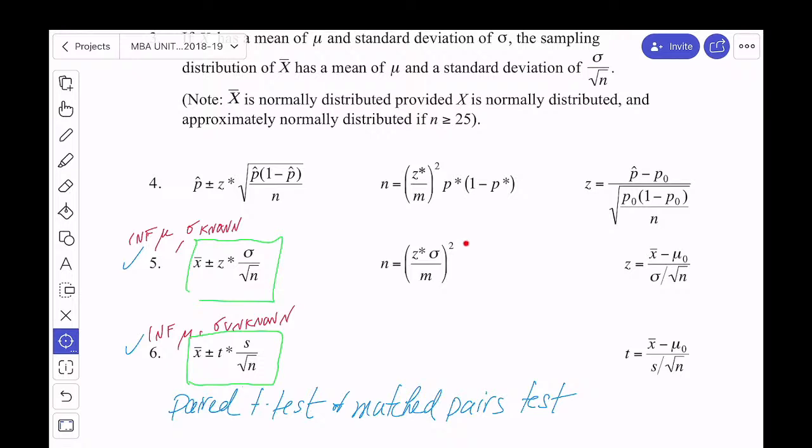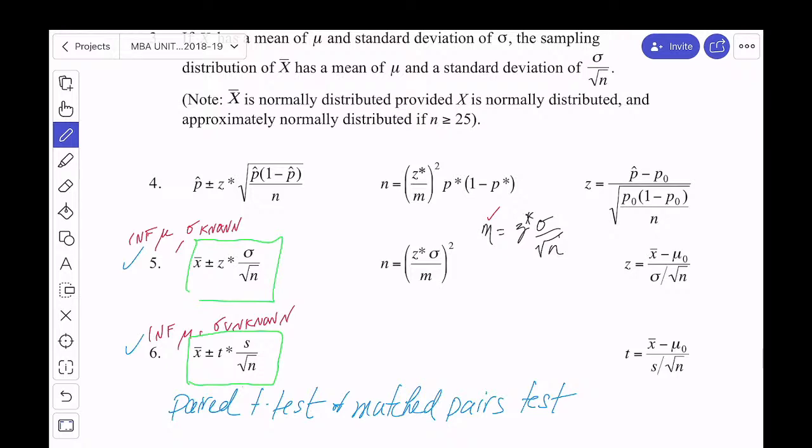So what about sample size estimation? Remember where this formula comes from. This formula is the margin of error. So if I preset the margin of error as a number m, then it would have to equal this, right? And in that case, if I wanted to know the sample size, algebraically, let's say I set the margin of error. I say I don't want it to be wider than a margin of error of 1% or 0.01.